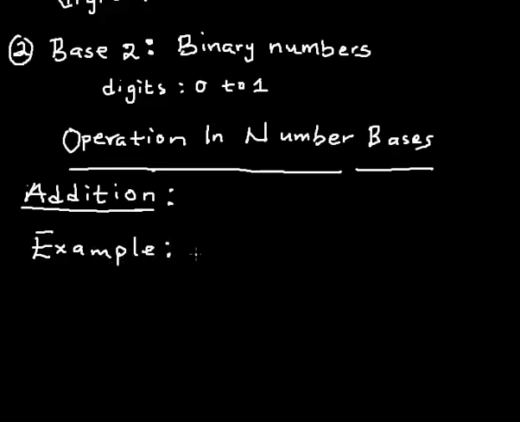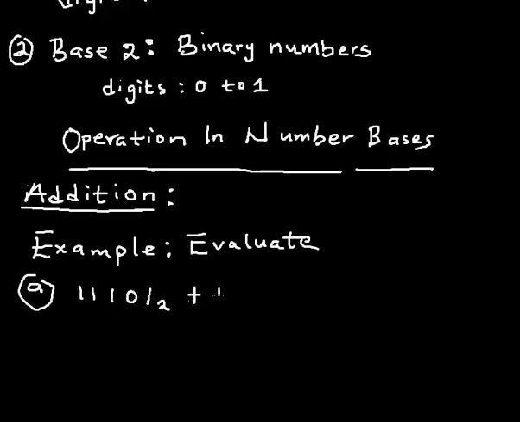The question is: evaluate the following. A, 11101 in base 2 plus 11111 in base 2. B, 2121 in base 3 plus 1222 in base 3.